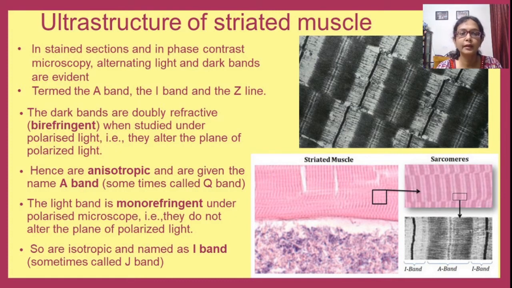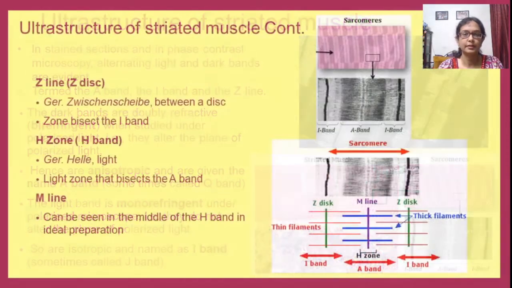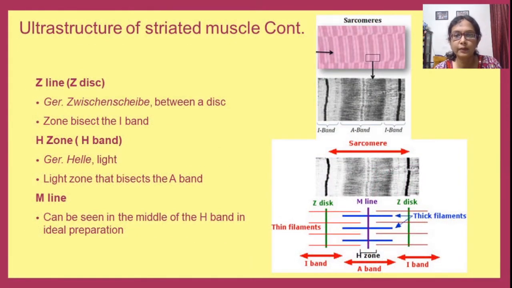And the light bands are monorefringent under the polarized microscope, and that's why they are isotropic and named as I band, sometimes also called Z band. And here is the Z line, the line in the middle of the I band.